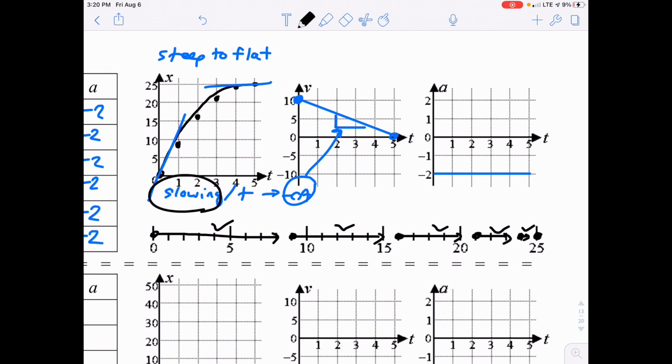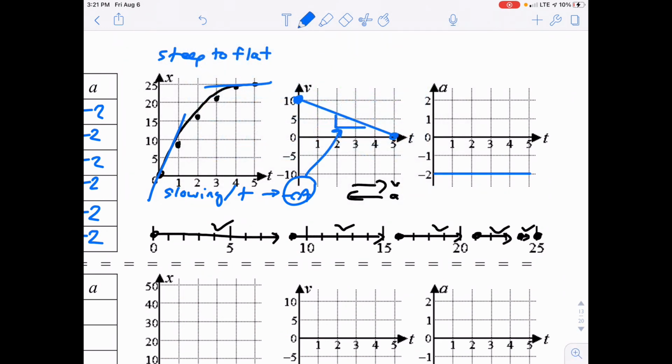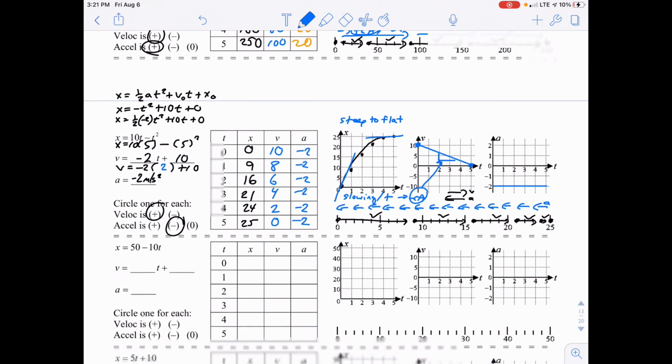And since we're slowing down, velocity and acceleration have to go in opposite directions. So my acceleration's smaller, it's 2, so I'm going to draw much shorter vectors for acceleration, but I'm going to draw them all the same length. And they're negative. They're going in the negative direction. They're going left. That's my acceleration. And that would be my motion map for scenario number 4.